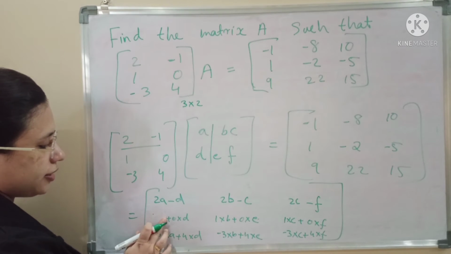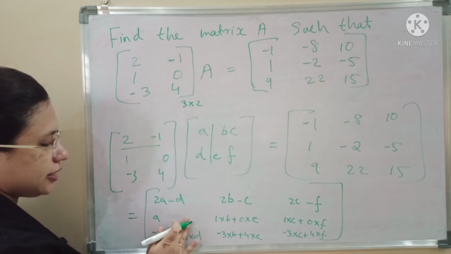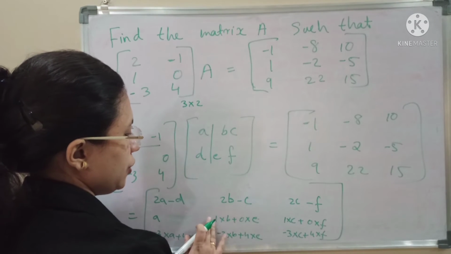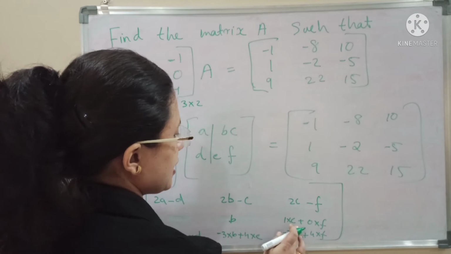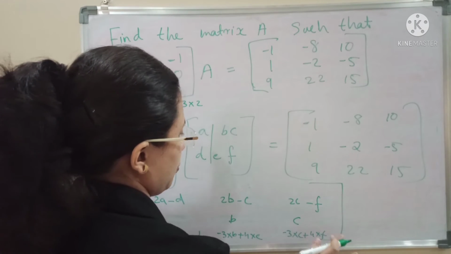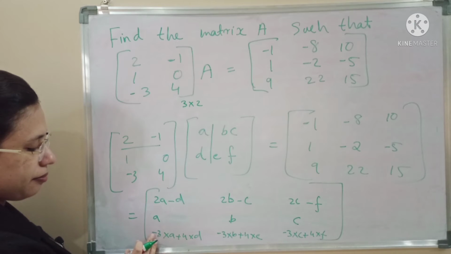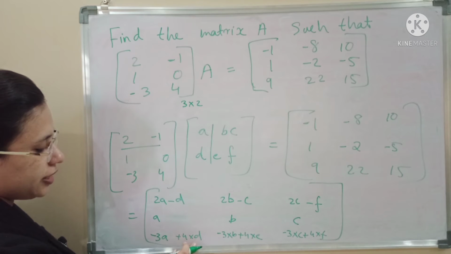1 into A is A. 0 into D is 0. 1 into B is B. 0 into E is 0. 1 into C is C. 0 into F is 0. Minus 3 into A is minus 3A plus 4 into D is 4D.